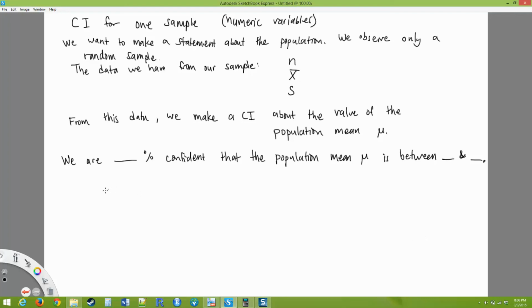And so your high and low values are going to be x bar plus or minus t star times the standard error, s over the square root of n.